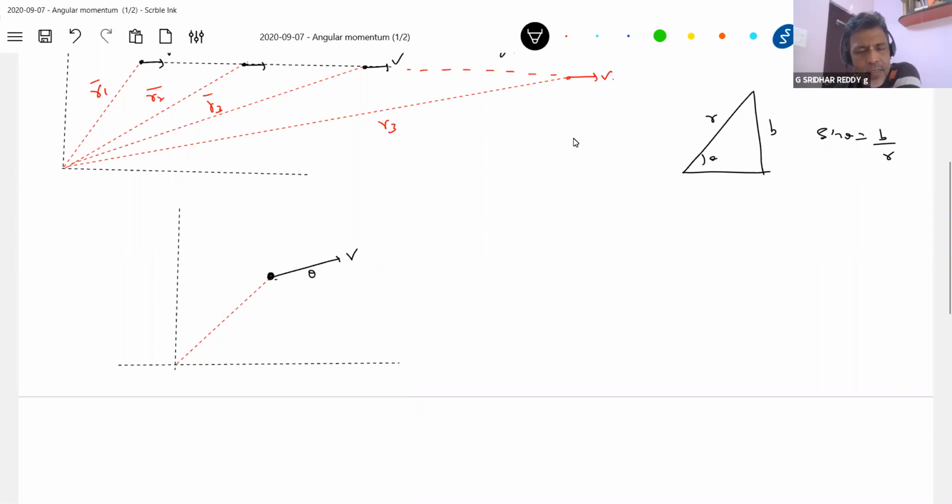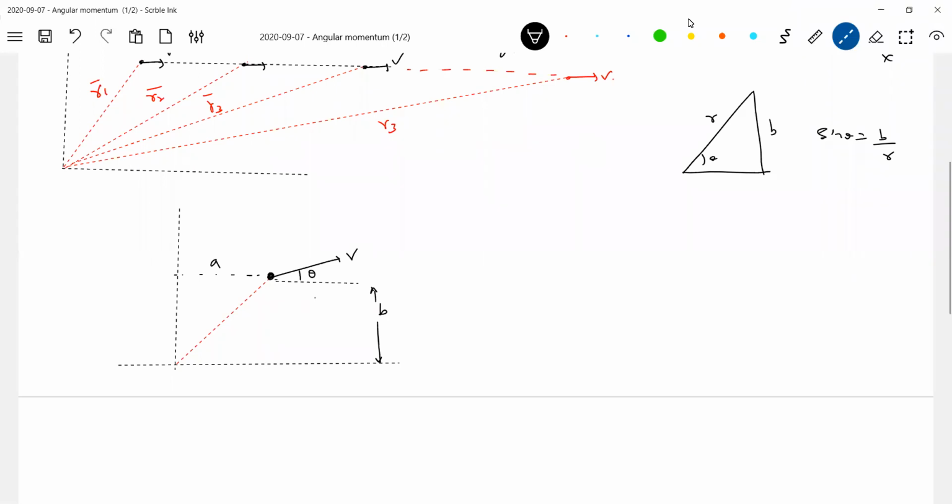And with the time, definitely, this distance I'll call b, and this distance let me call a. So what I do is I will resolve this velocity along x and along y. Now what is the velocity? There's a first problem I'll show in detail.